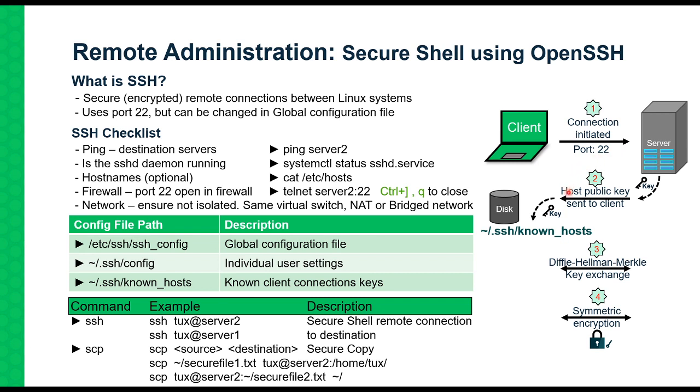Firstly, it wants to know what's the public host key, and we send it back to the client. Once we have that, the server sends the public host key back to the client. But then in return, it takes note of the current key from the host, and it saves the client key in the known hosts file on our disk.